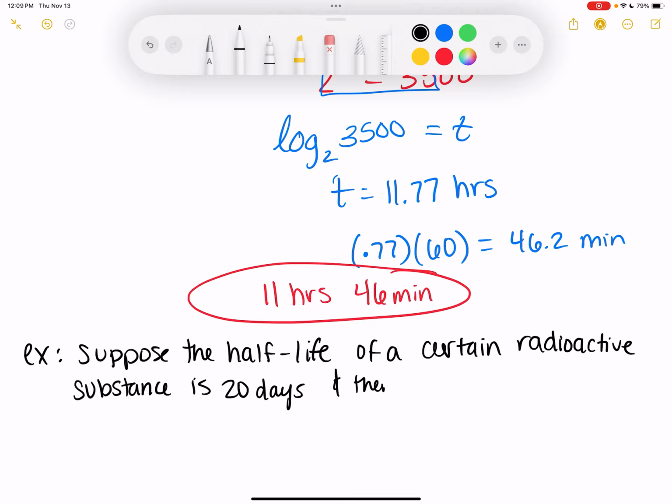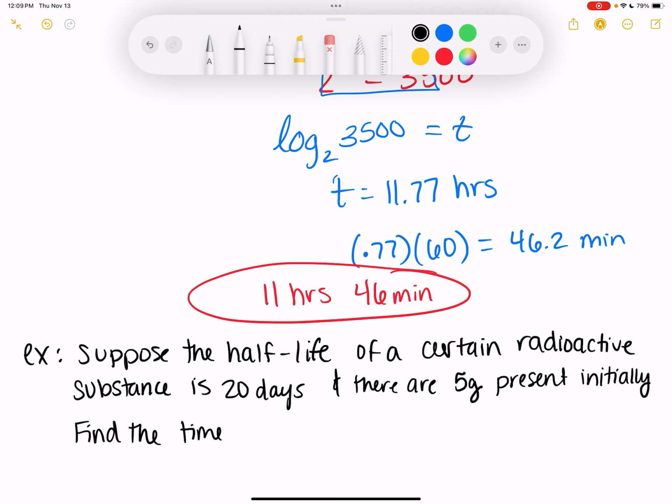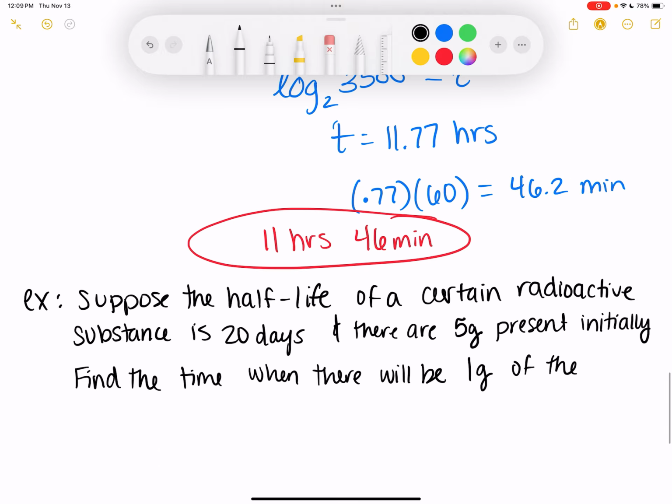And there are 5 grams present initially. Find the time when there will be 1 gram of the substance remaining.